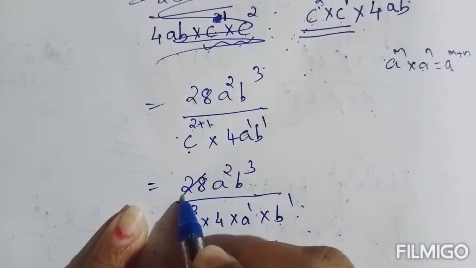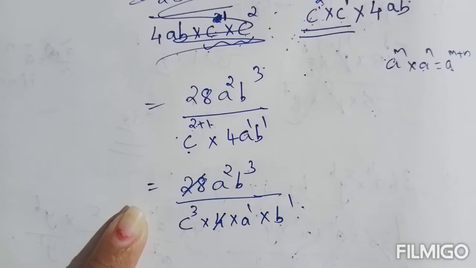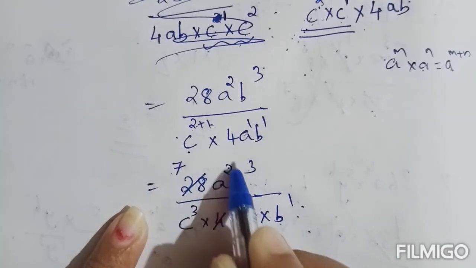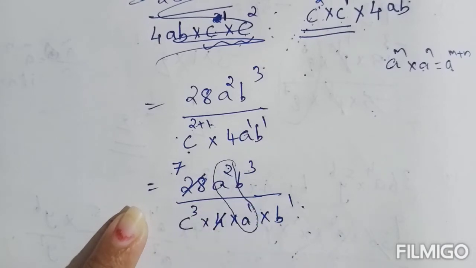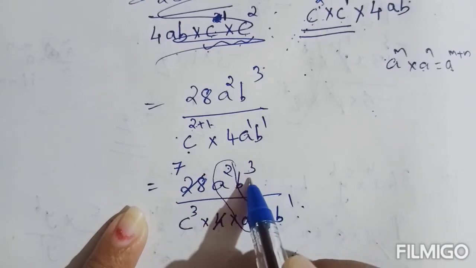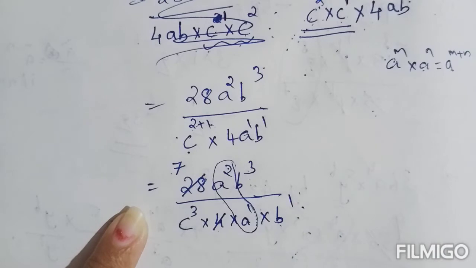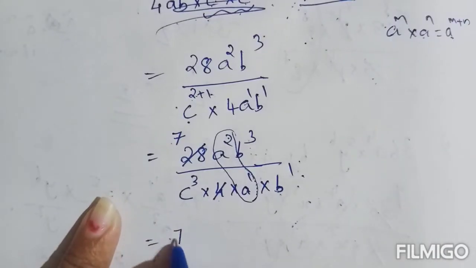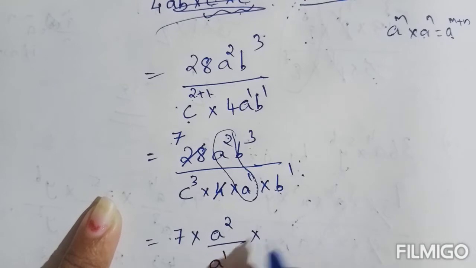Okay. 28 and 4 we can cancel. It is 7. A square and a raised to 1 we can divide because they are exponents having the same base. Similarly, b cube and b raised to 1 we can divide. They are exponents having the same base. So that is equal to 7 into a square by a raised to 1 into b cube by b raised to 1.